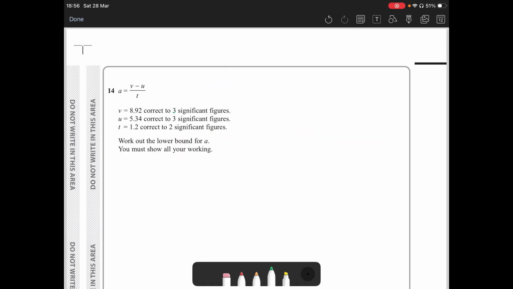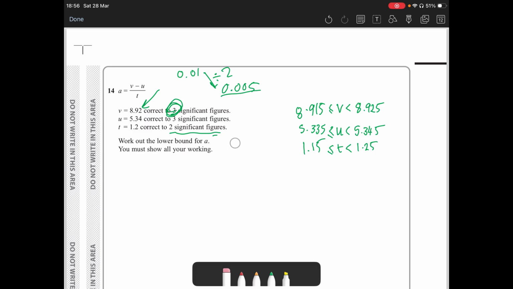Okay, so before we even read further into this question, I know its bounds. Basically, the value v at its highest could be as big as this. We don't know because it's been rounded, and vice versa, right? The value of v could have been this as its smallest. So it wants the lower bound of a.